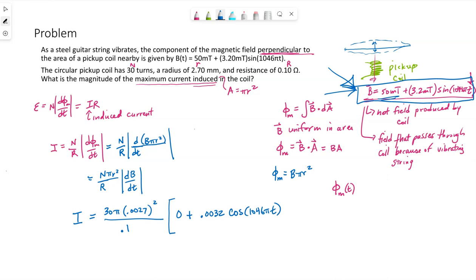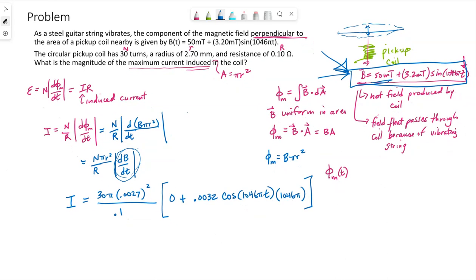And then I have to take the derivative of what's inside the cosine term. So everything within these brackets represents the derivative of our magnetic field with respect to time.